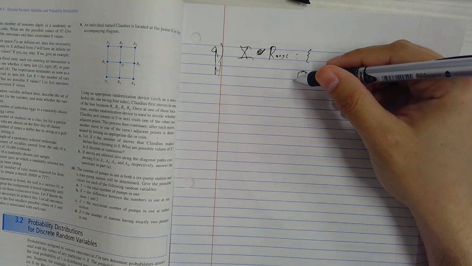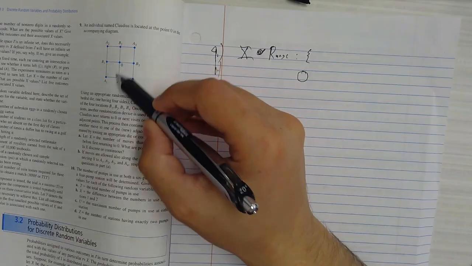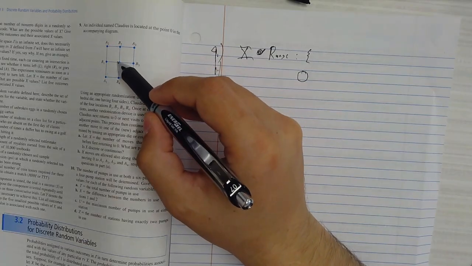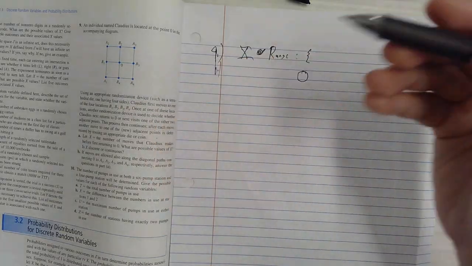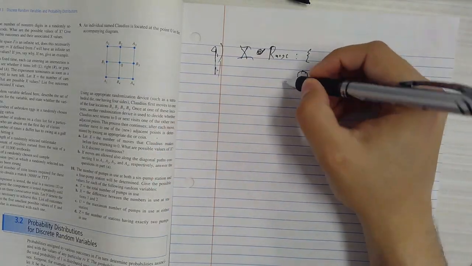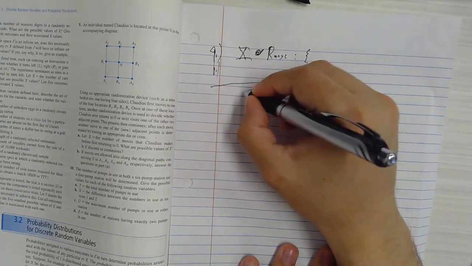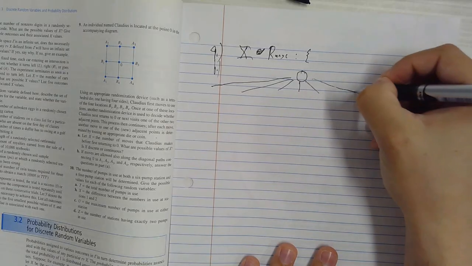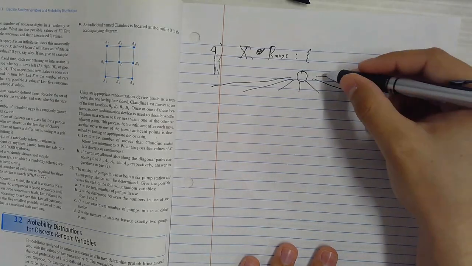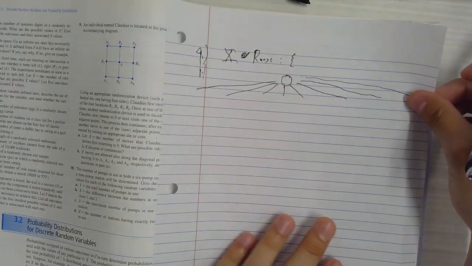Because instead of 1, 2, 3, 4, we have 1, 2, 3, 4, 5, 6, 7, 8. Great. Alright, we're going to have to stretch it out. 1, 2, 3, 4, 5, 6, 7, 8. Good enough.